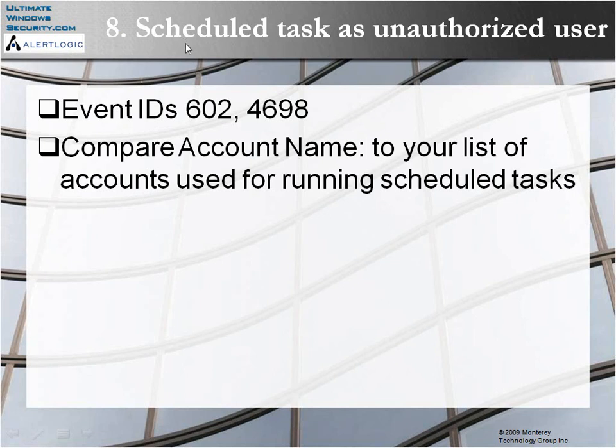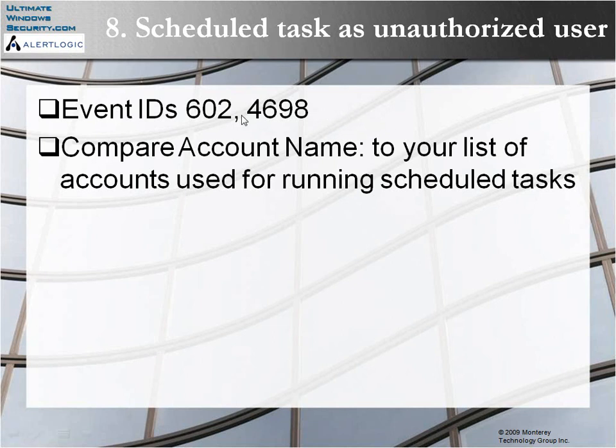Similar to that would be scheduled tasks. Now, probably a lot of you out there use scheduled tasks for legitimate reasons, but how often do you schedule new tasks? And maybe what we could do is use some additional criteria here to weed out the legitimate instances of this event.